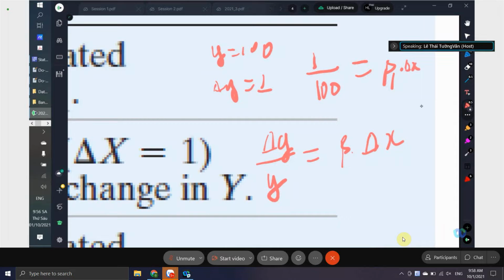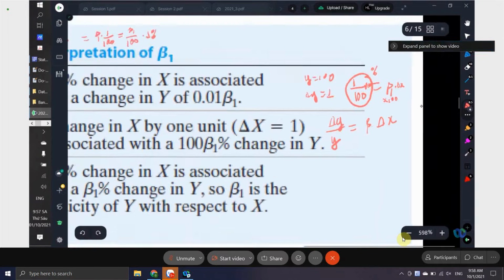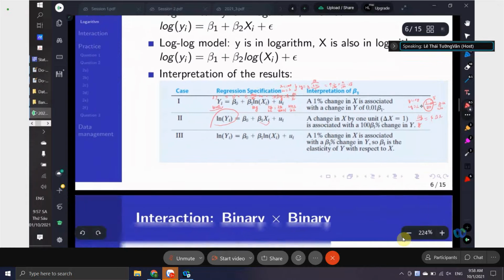And if you want to make it into percent change, that is 1%. That is, you are going to times both sides by 100, right? You times both sides by 100. On the left hand side, you will say this is in percentage term. Okay, in percentage term. Good.